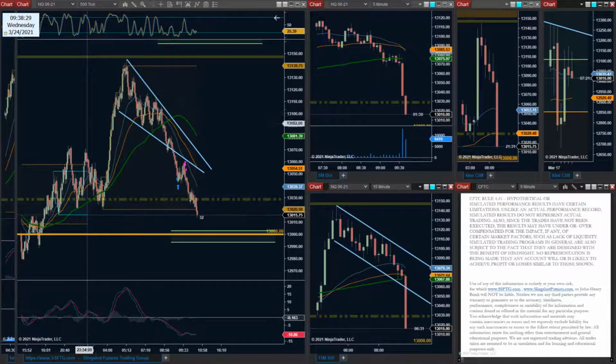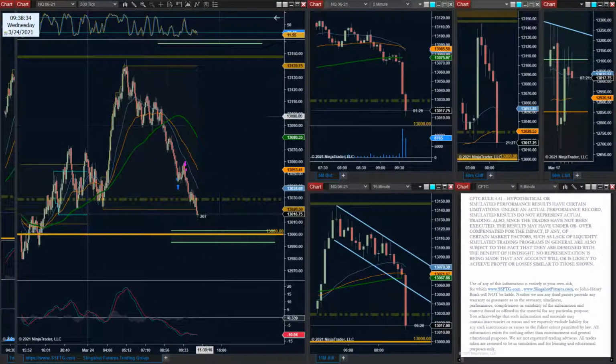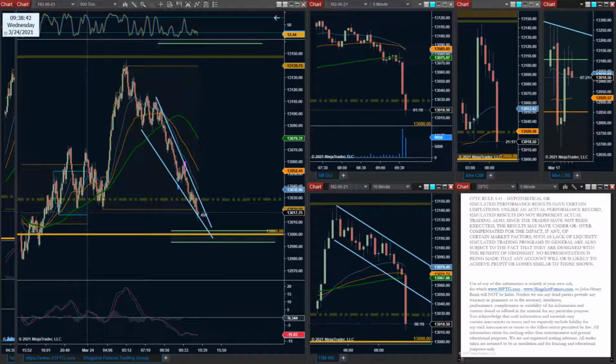Ooh, big flush to the downside. This is starting to get into avalanche wedge territory. Fantastic move down. Wow. Look at this thing, just pile driver to the downside.